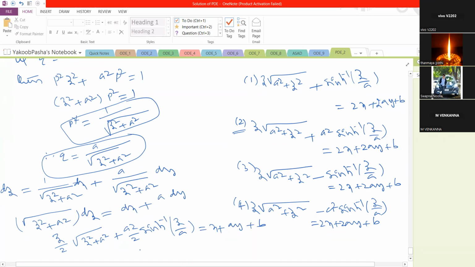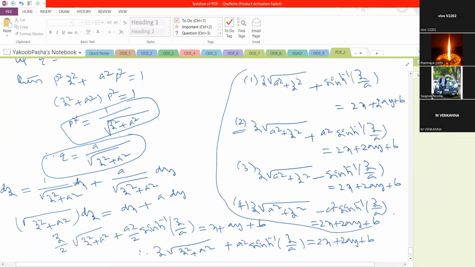If we multiply with 2, what happens here? z into under root of z square plus a square plus a square into sinh inverse z by a is equal to 2x plus 2ay plus b. Now what is the right option? Second one is the right option. Okay, correct.